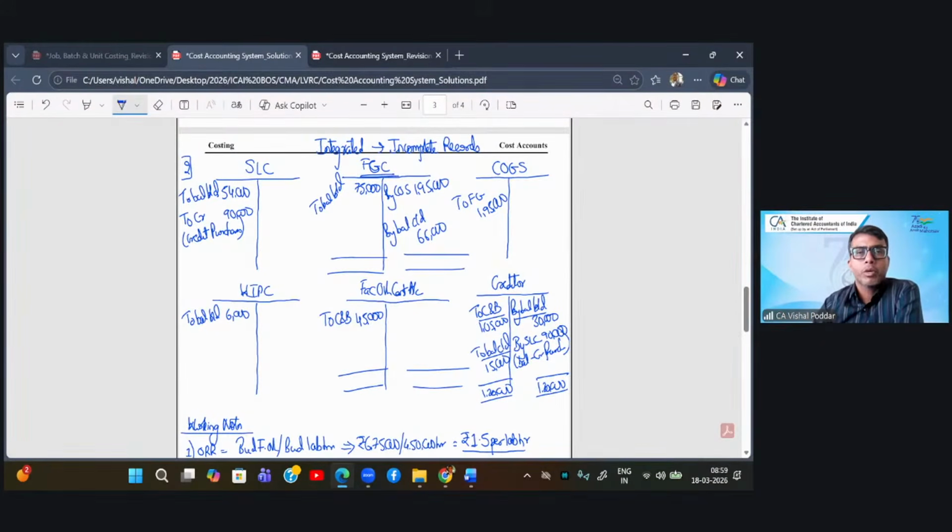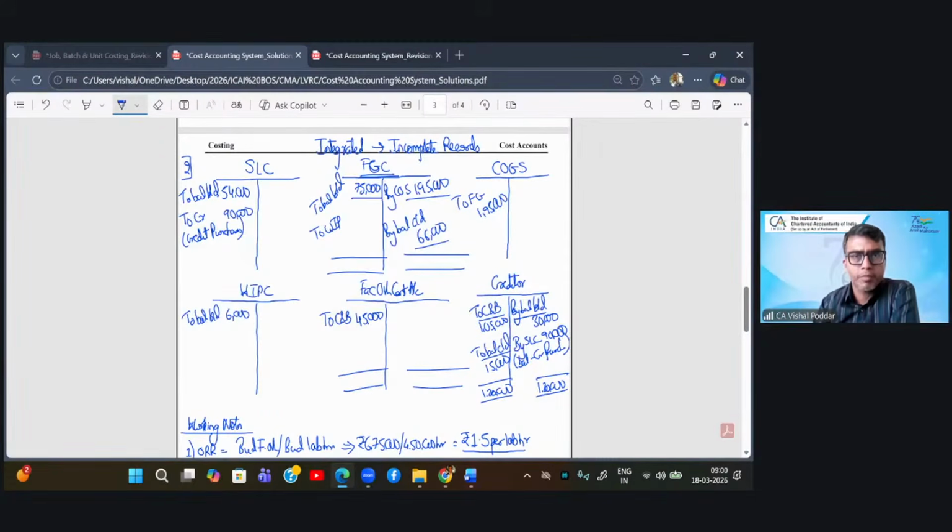we are in the finished goods account. You have opening balance. You have goods which are sold, which is transferred to COGS, and you have closing. So what we can find out over here, the balancing figure, is what I have received from the WIP account, which represents my finished goods produced. Correct?